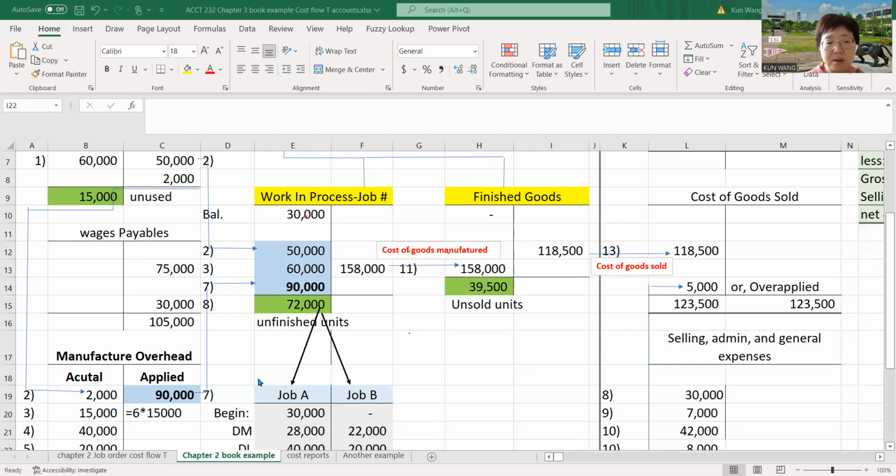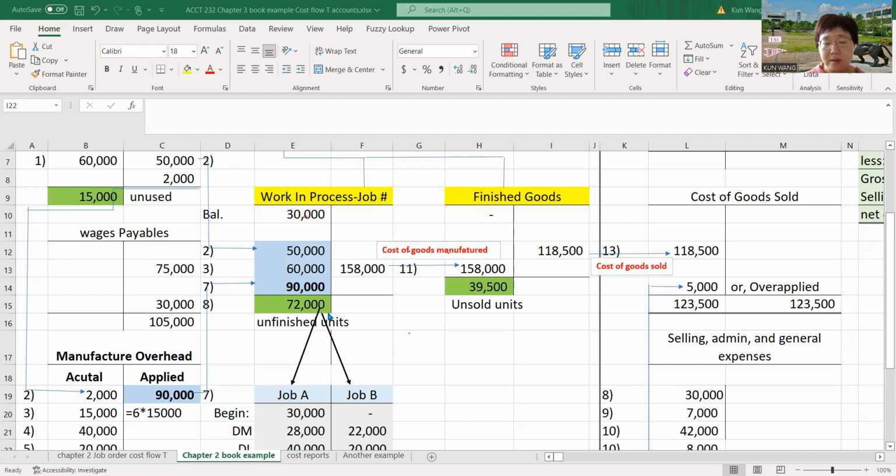Theoretically, the under- or over-applied overhead will impact the work in process account, because this is the first place we add the applied overhead, which then flows to finished goods and finally to cost of goods sold. Theoretically, all three accounts, work in process, finished goods, and cost of goods sold, are impacted by the over- or under-applied overhead.